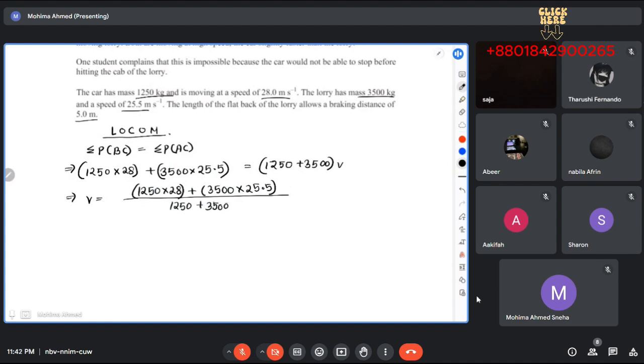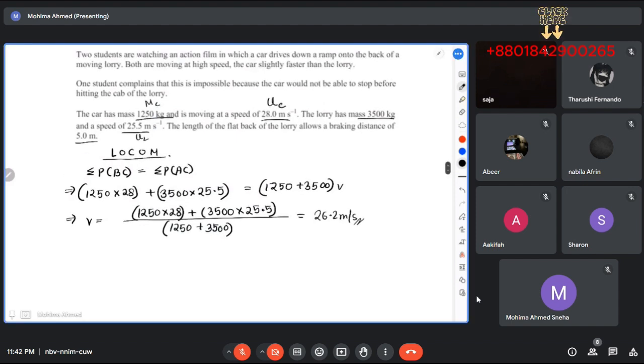Can anyone please calculate the value for your final velocity over here? 26.2. 26.2 meters per second. Okay.